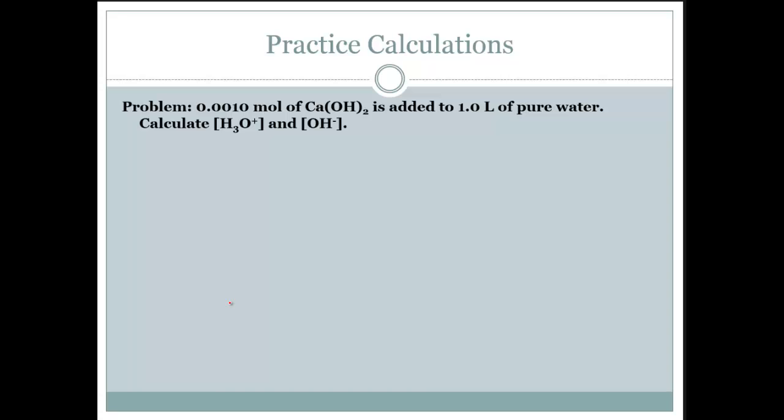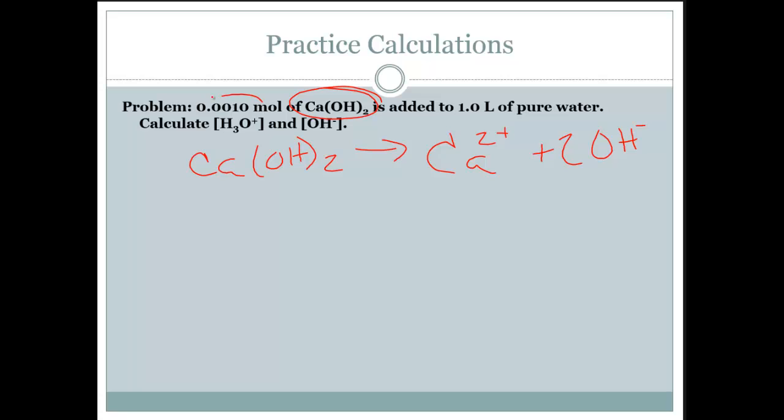Now let's do one with a strong base first. Ca(OH)2 is a strong base. When we put it in water, it breaks down to Ca and 2 OHs. So that means if we have 0.001 mole in 1 liter, that's 0.001 molar.